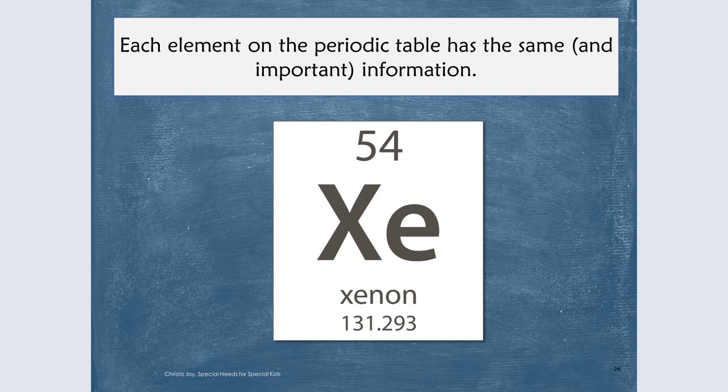The number down here, which we're going to round to 131, is the number of protons plus the number of neutrons.